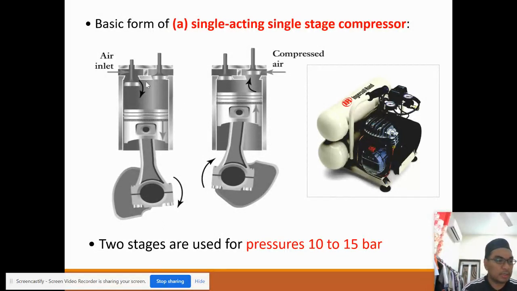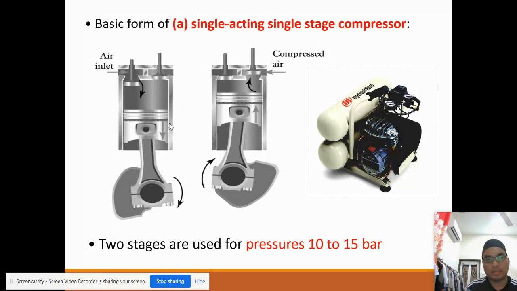Basically the compressor goes from atmospheric air to the required pressure air in one single shot action. That is another reason why it's called single acting.